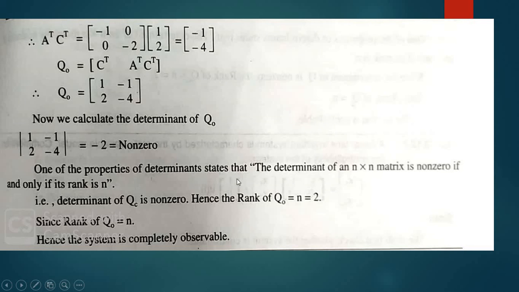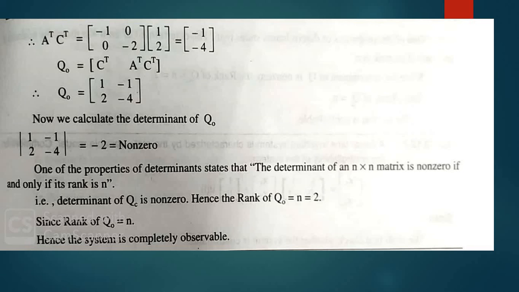One property of determinants states that the determinant of an n by n matrix is non-zero if and only if its rank is n. So the determinant of Q0 is non-zero, hence the rank of Q0 is 2. Since the rank of Q0 equals n, and we know n is 2, the rank is also 2, hence the system is completely observable.